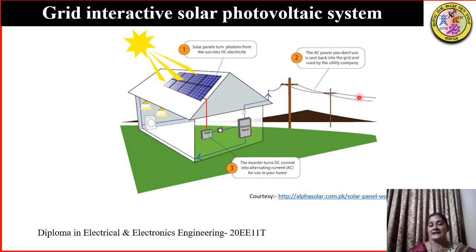And at night, this consumer can utilize the power supply from the grid for all its needs. Thus, there's a two-way metering system. Excess power can be sent to the grid, and whenever required, power can be taken from the grid. That is why it is called a grid interactive solar photovoltaic system.